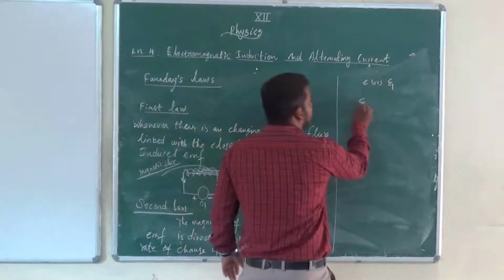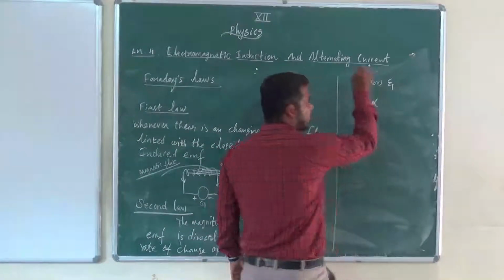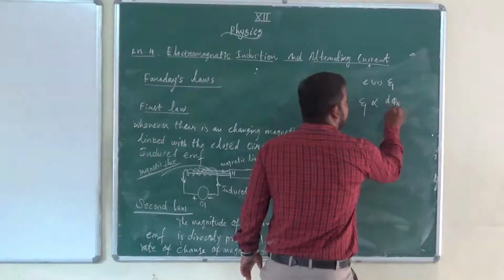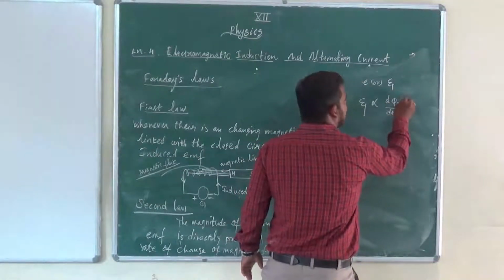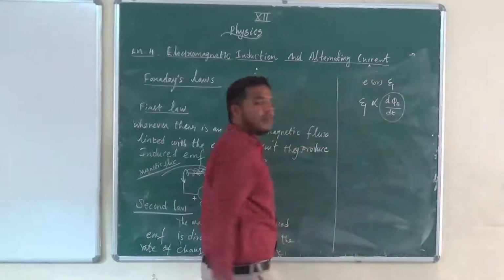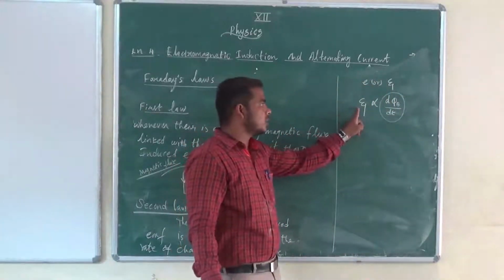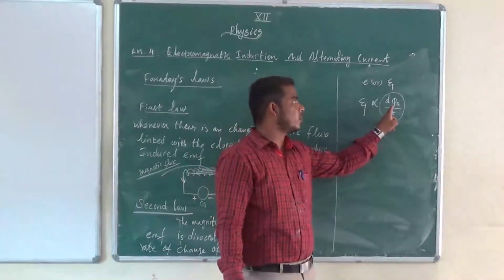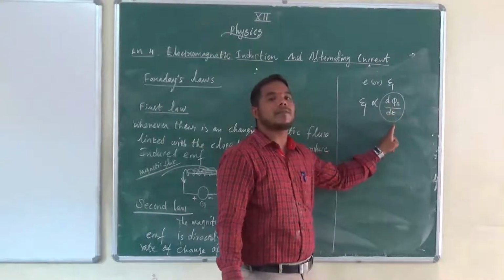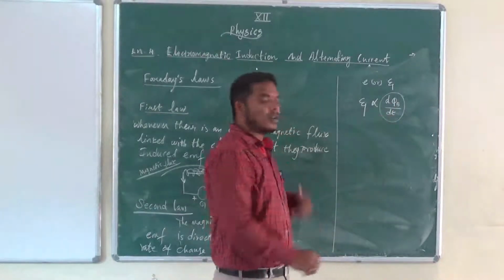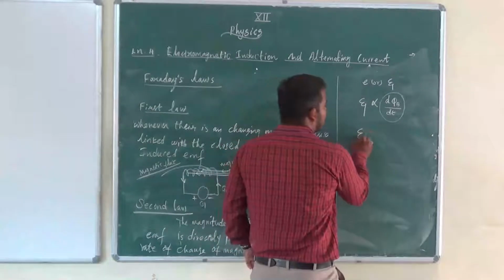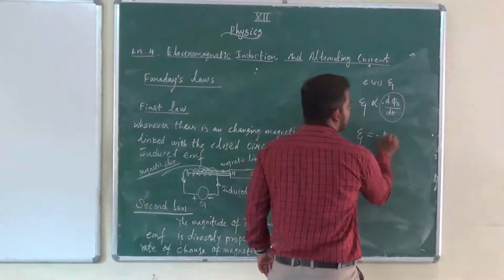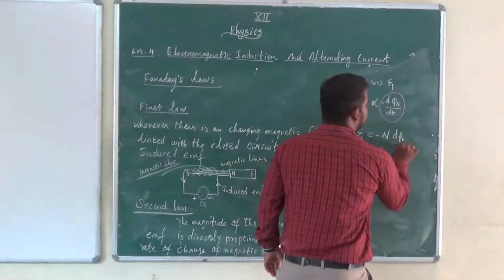So the induced EMF is directly proportional to the rate of change of magnetic flux, dΦ by dt. Removing the proportionality, psi equals minus N dΦ by dt.